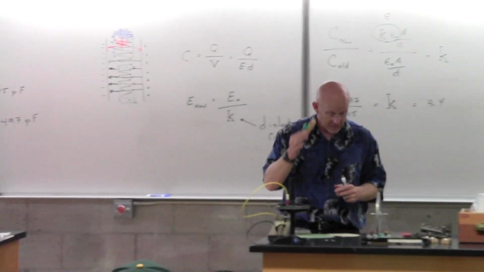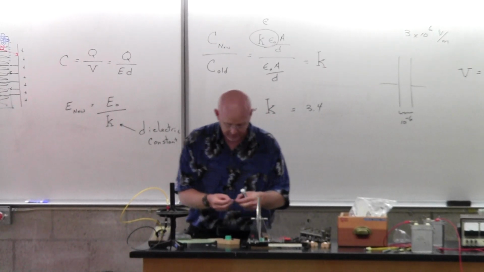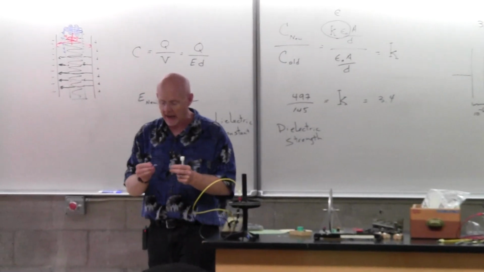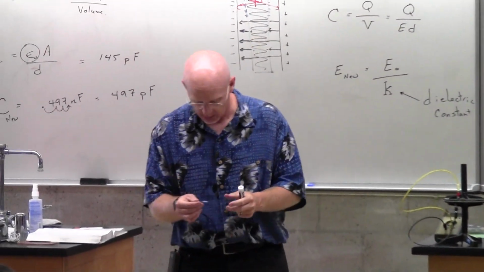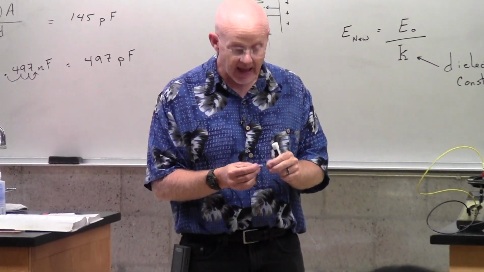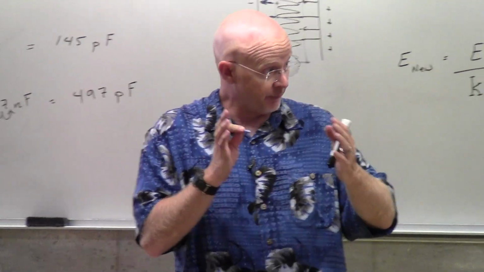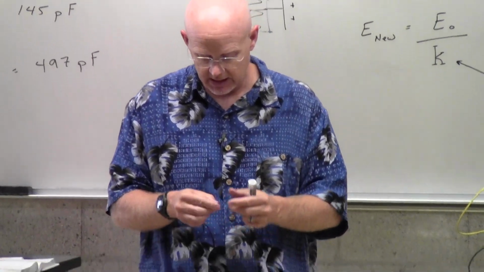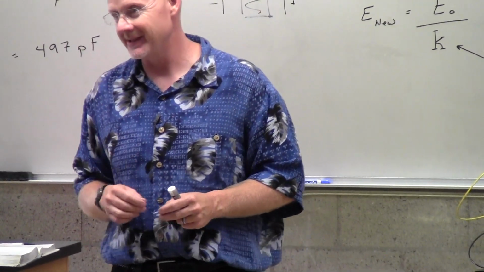Now, other ones, like this one here, do not have nearly as much capacitance because they purposely designed them to be a little bit further apart. And this one says it has a capacitance of only 10 microfarads.